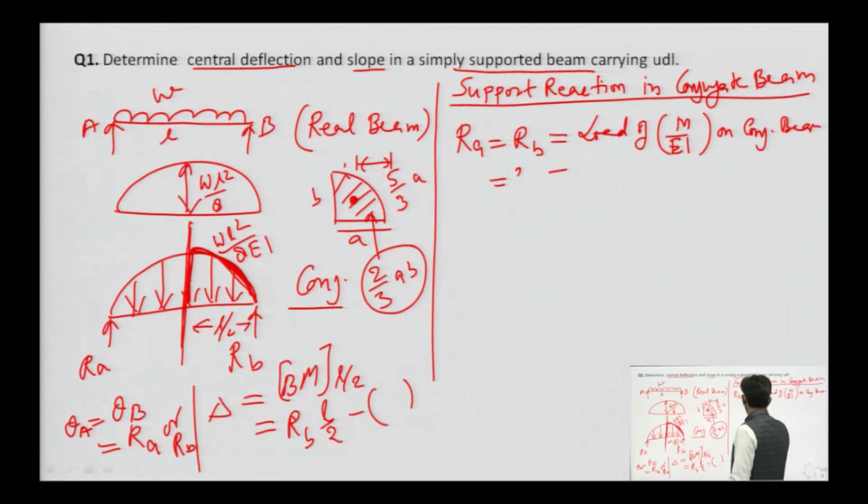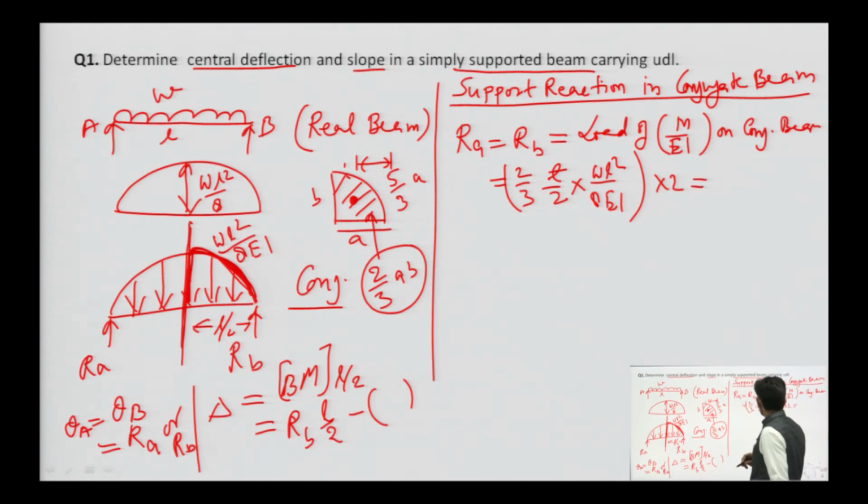And it will be 2 by 3 into A, the area, where A is L by 2, into this ordinate WL square by 8 EI, times 2. So how much is it? Cancel to 24, WL cube by 24 EI.